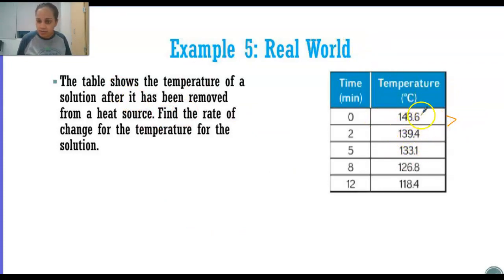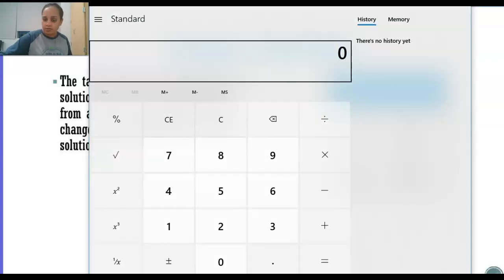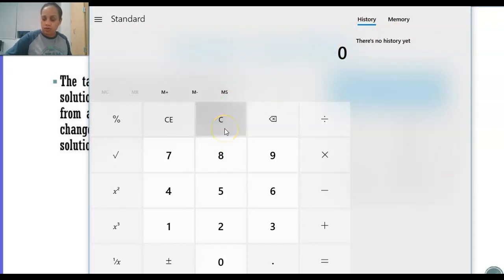The difference between 143.6 and 139.4. 143.6 minus 139.4. Let me just make sure that's what that was.